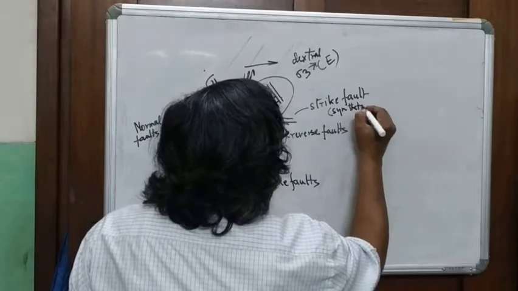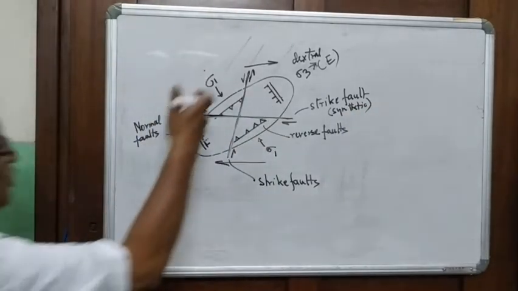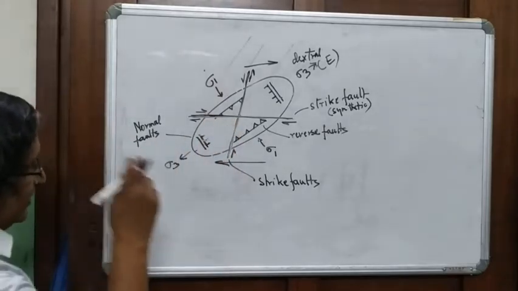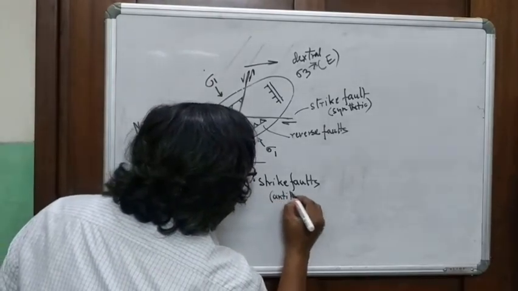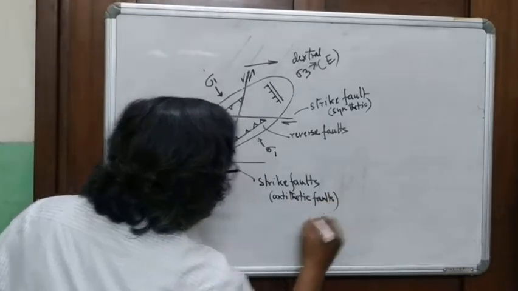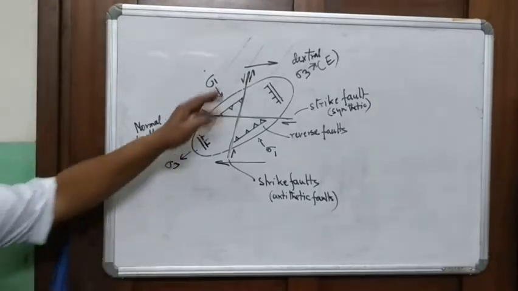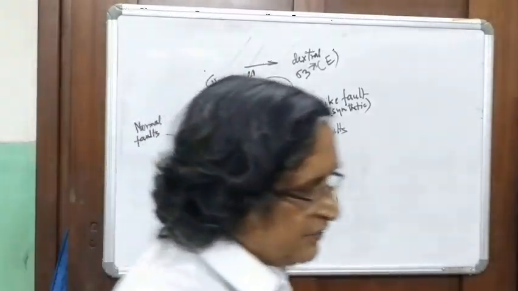That means the movement is in the same direction. But if you look at this, it is different. These strike slip faults are called antithetic faults. That means the movement direction is opposite of the shear zone, opposite of the strain field.